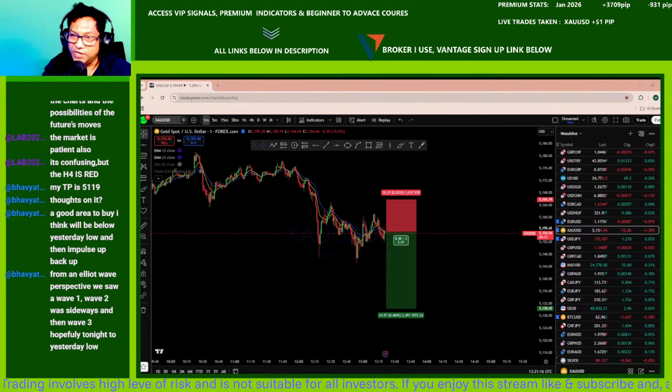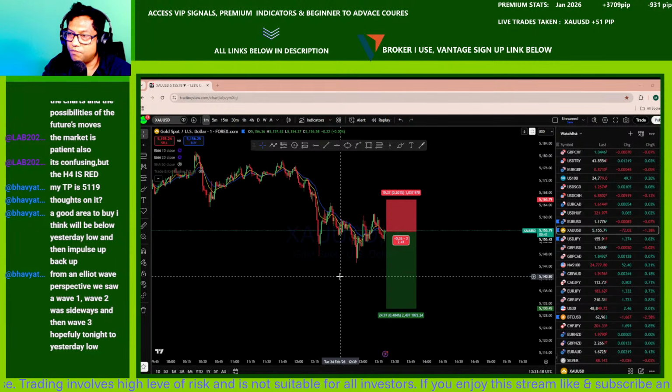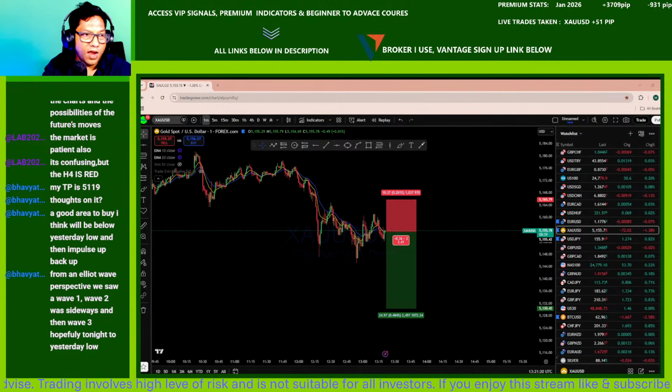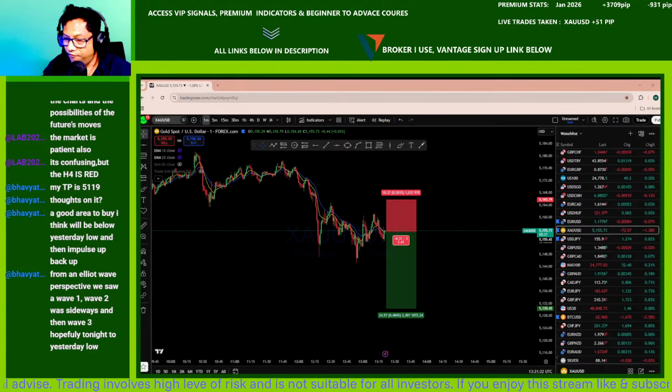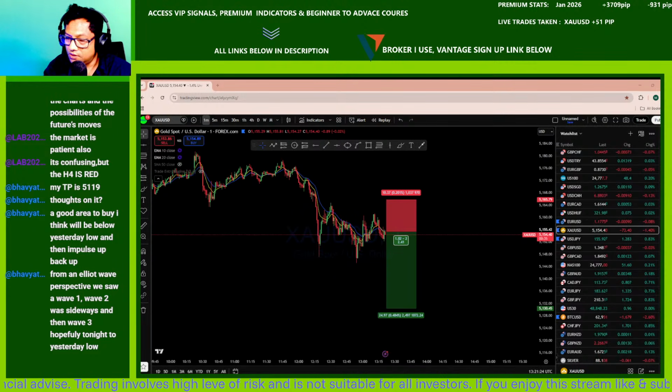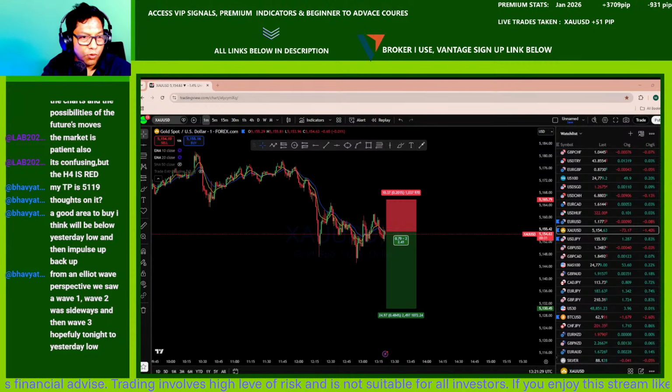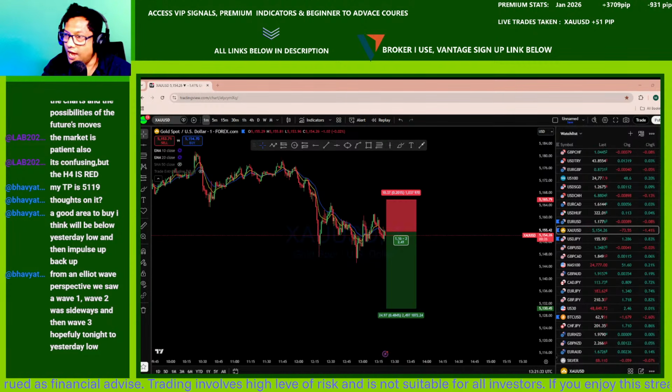So the stop loss placement, I'm at 5165.80. That's the stop loss that I placed, and the TP target that I'm looking at is 5130.45.